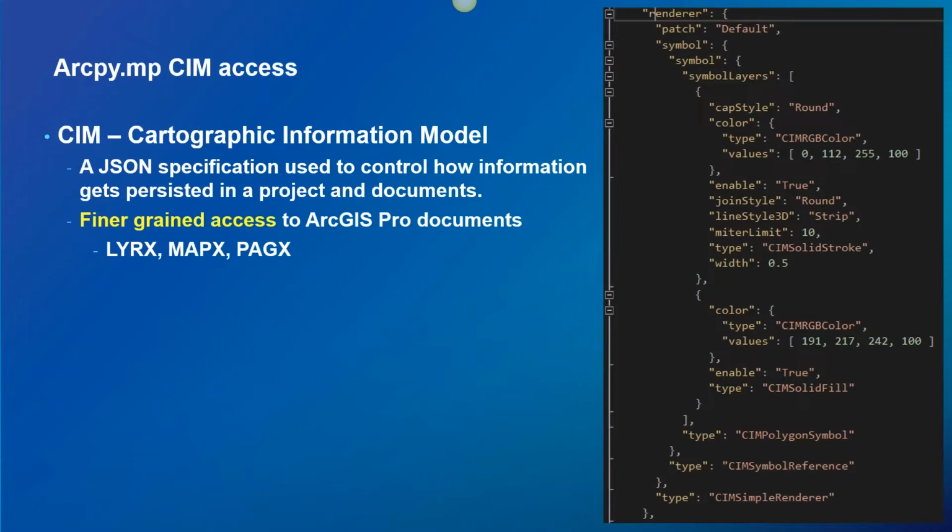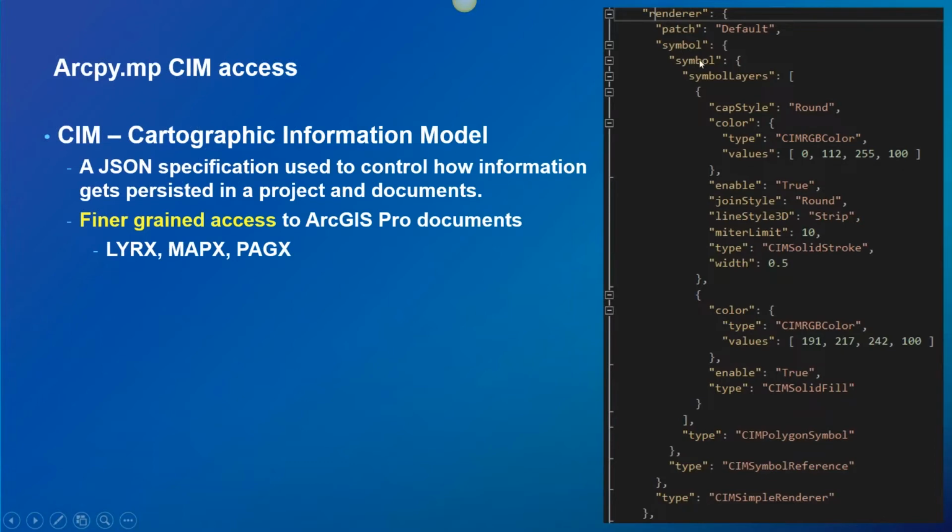So here's an example of a very small portion of an LYRX JSON structure, and we're just showing you a small portion of a renderer. So we have a layer, and that layer has a renderer. It has a symbol reference.